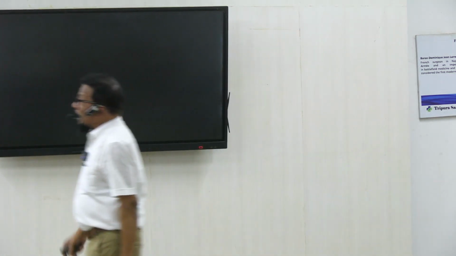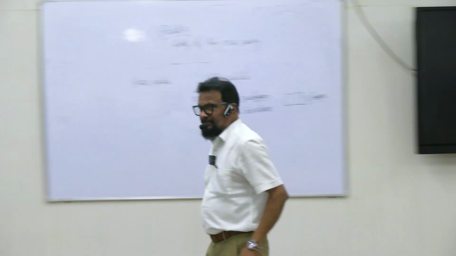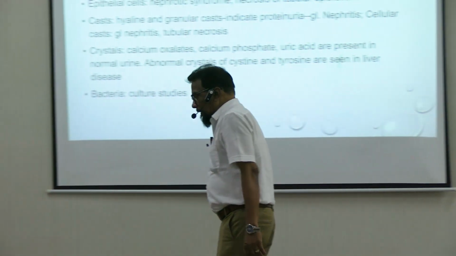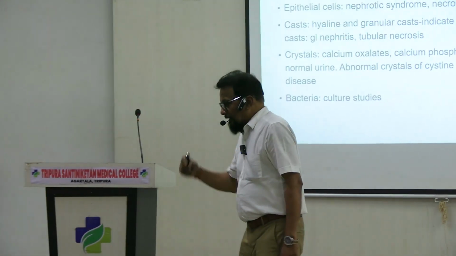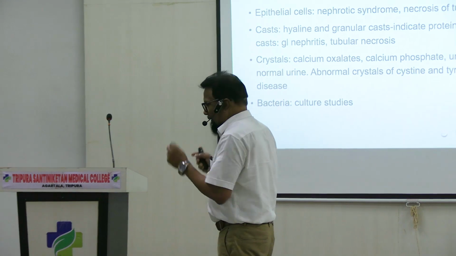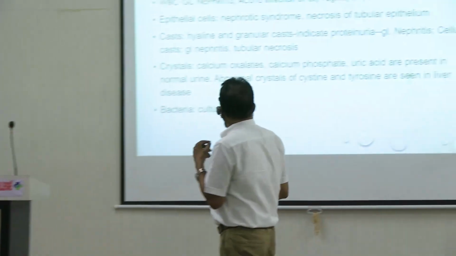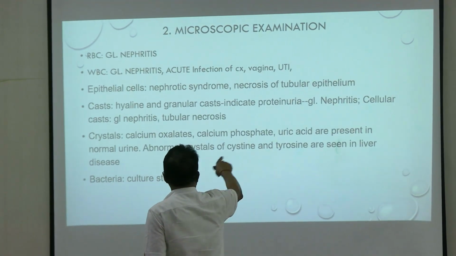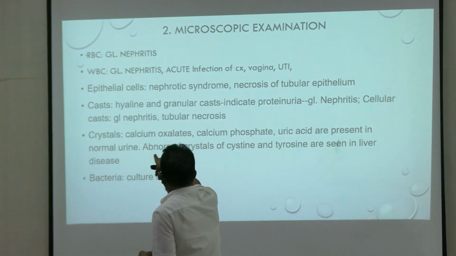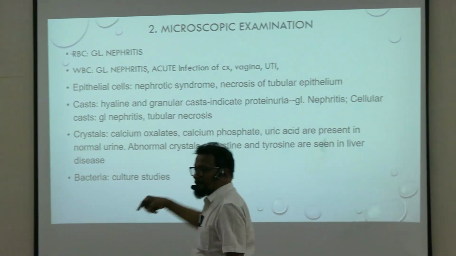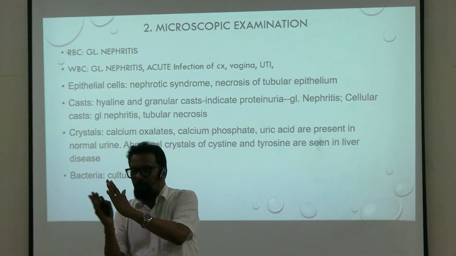Okay, so then the casts. The casts are made of proteins. These proteins produce the casts, and the casts may be granular type, tubular type, or cellular type, where some RBC joined together form casts.